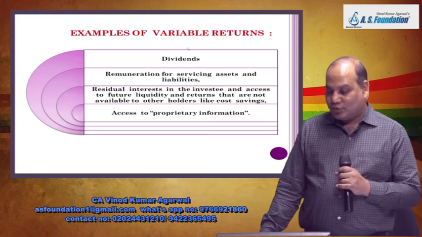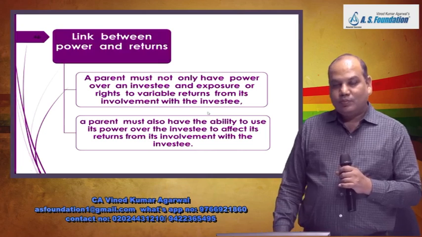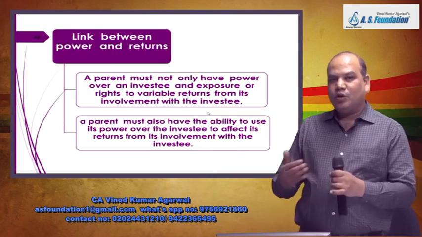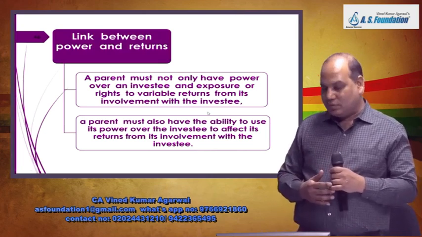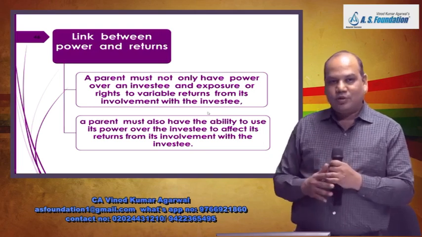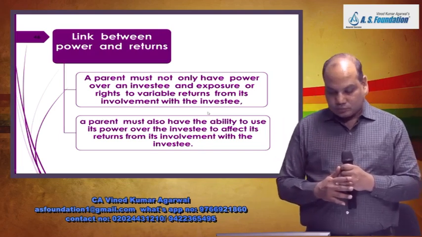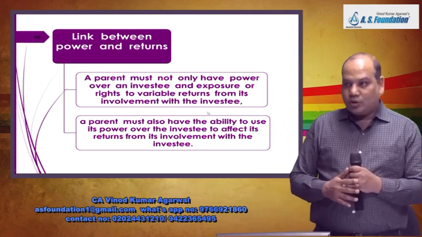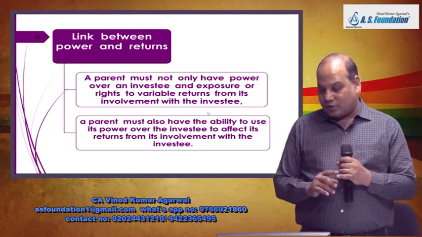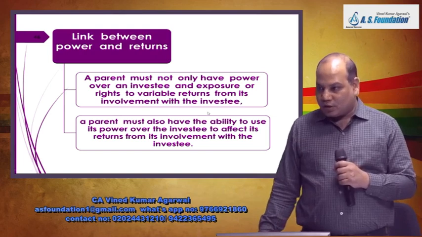Because you have the power, you have access to proprietary information, which is usually not available to the public, like their R&D information. They may have some technical know-how, so you may have access to that information. You should have power to direct the relevant activities, and you must be using that power, right?